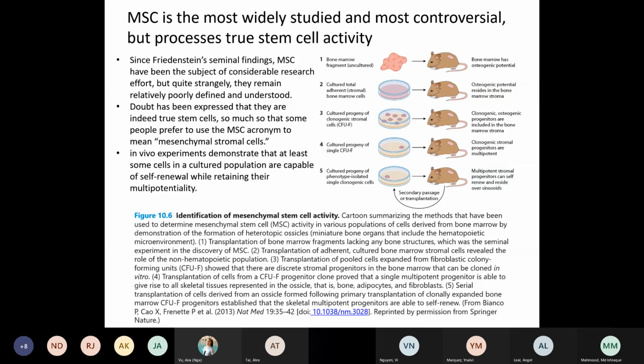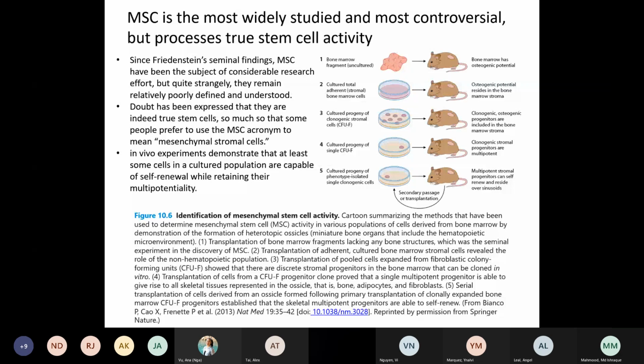Those are called the stroma of the organ. It's not the main functional cell, but the connective tissue and blood vessels that provide the supporting role. So they feel mesenchymal stem cells come from the connective tissue and blood vessels, and they propose we should use mesenchymal stroma cells, which is also MSC, right?